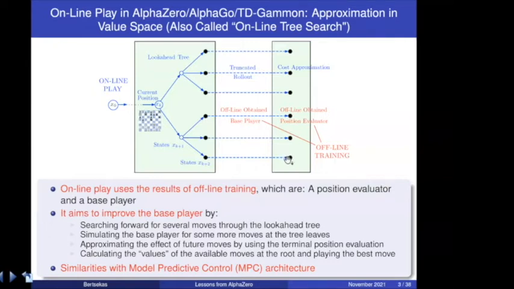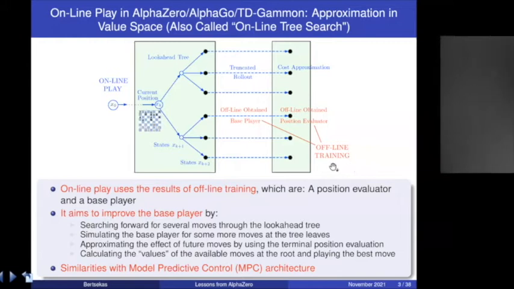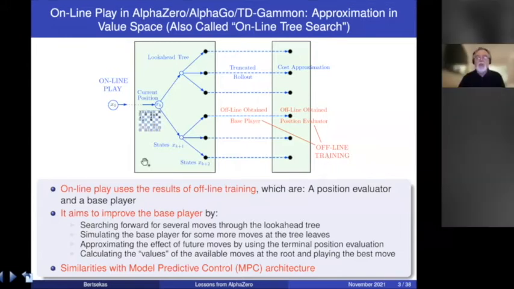And then there's a terminal cost approximation. So model predictive control is pretty close to this structure, except some of the parts are implemented differently, because model predictive control deals with infinite state and control spaces for the most part, whereas these games deal with discrete state spaces.